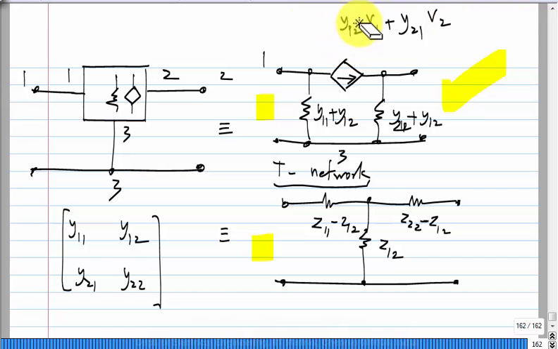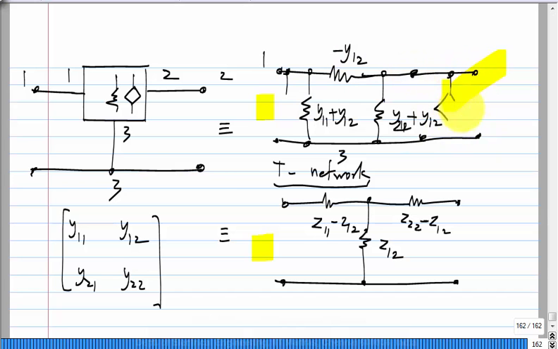Or I think the other suggestion was to add a control source here, or maybe on this side. If I do this, what would that have to be? Yeah.